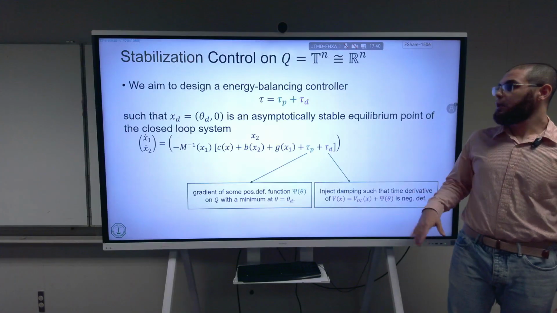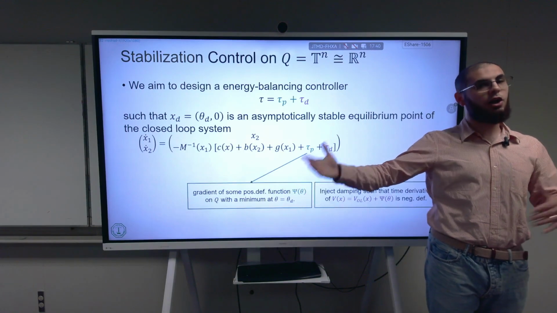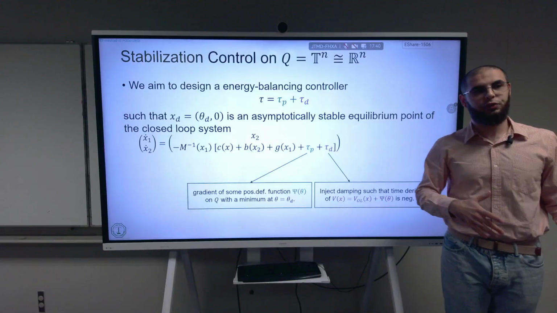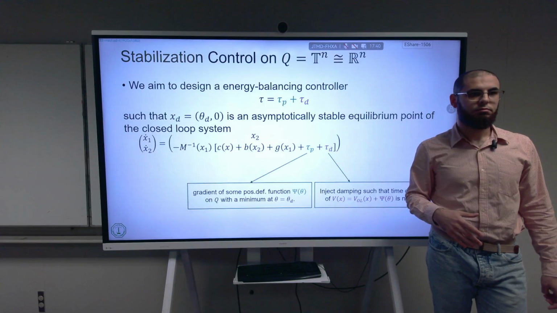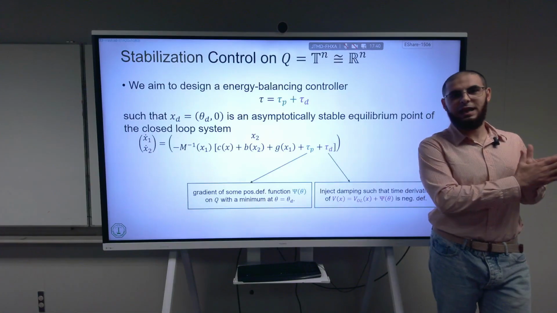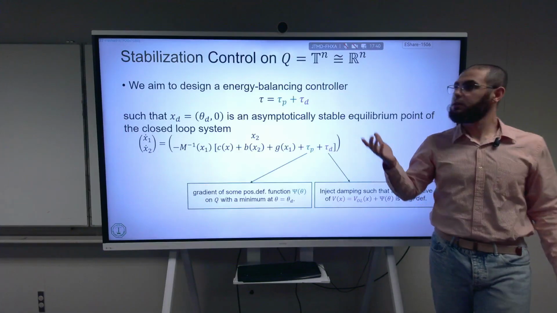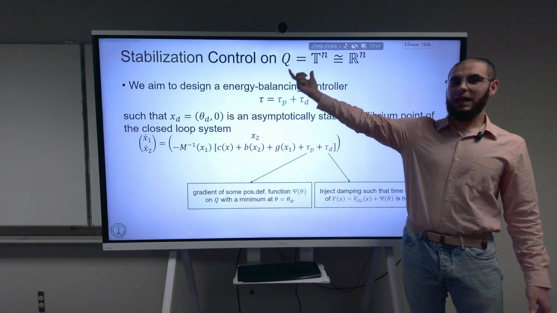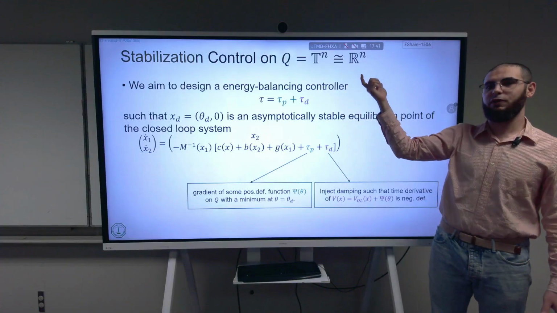Same idea. Will this be harder? We have an N-link robot arm. Will this be harder or easier than looking at SO3? After what we did in SO3, this will be a piece of cake for one simple reason. Our configuration manifold is given by the N torus, but the N torus itself is isomorphic to Rn.